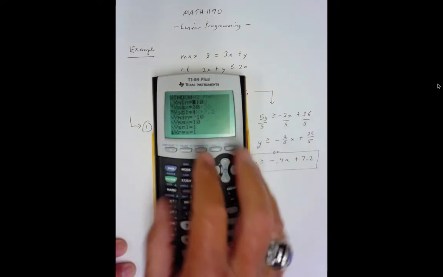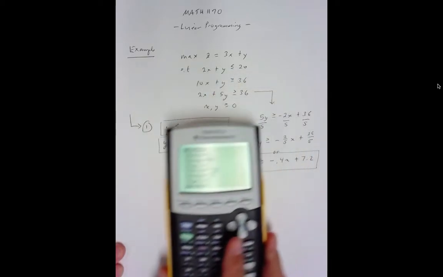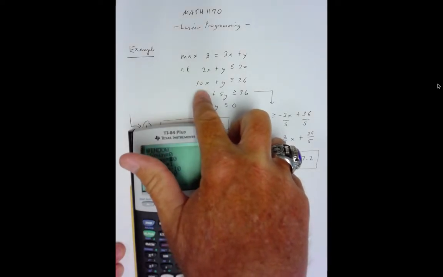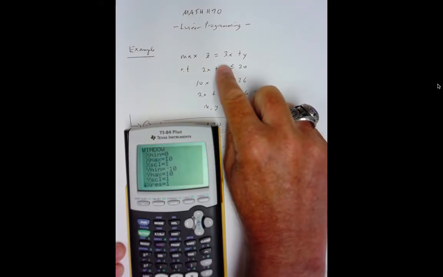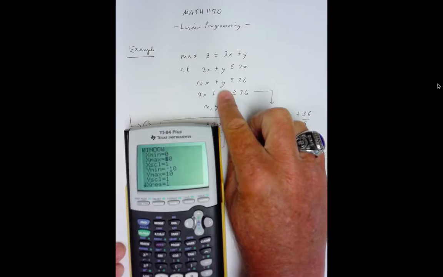Next thing I want to do is adjust my window, and I know since x and y have to be 0 or higher. For the x, I'm going to do some mental math here. I want to make y 0, so there's a 10, there's a 3.6, and there's an 18.